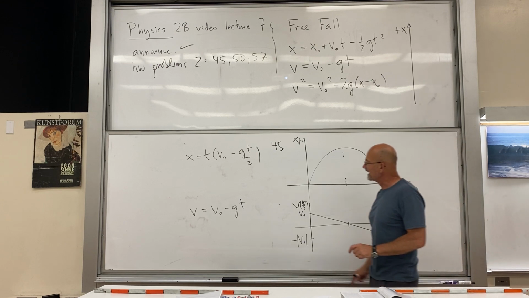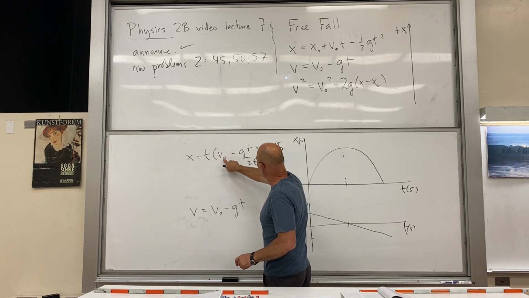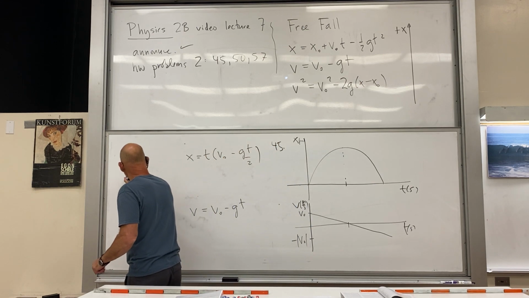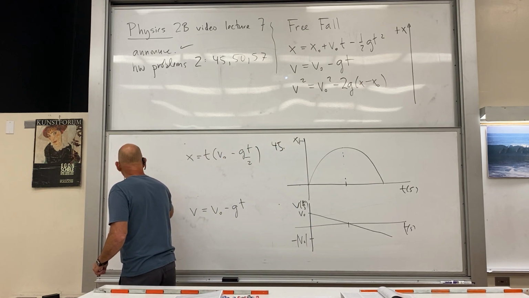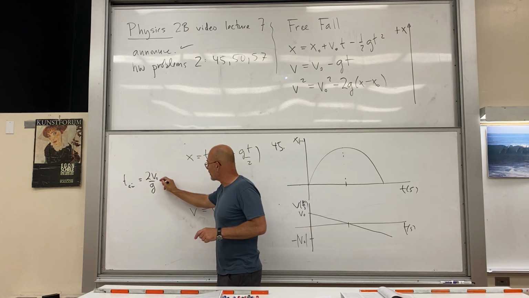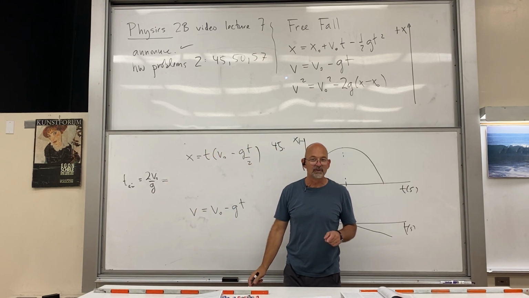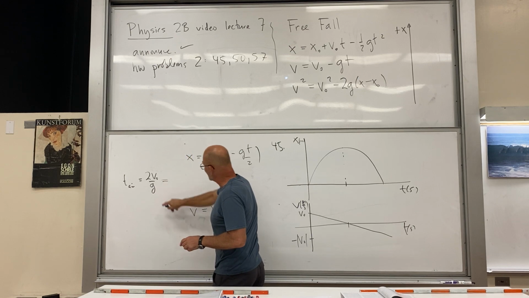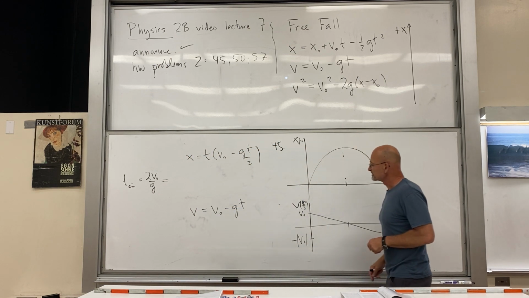You're given v0, and then t air, I'll remind you, is equal to 2v0 divided by g. Always write that down before you plug in numbers.